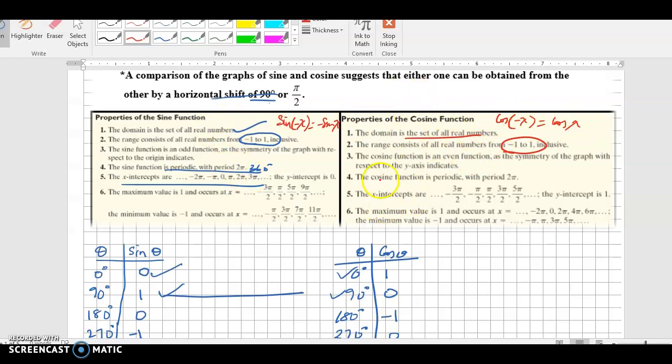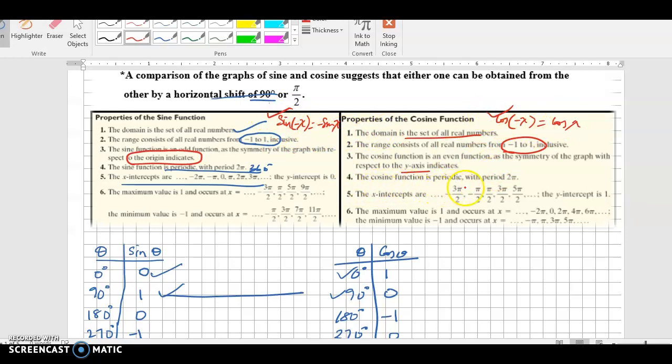So for cosine, the symmetry of the graph is with respect to the y-axis. For sine, the symmetry is with respect to the origin. From the graph, that's how you make sense of it, but algebraically this is what you do.